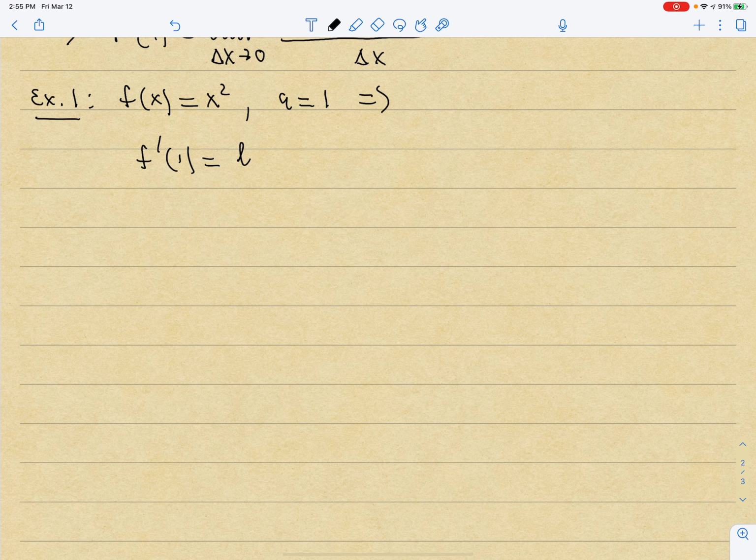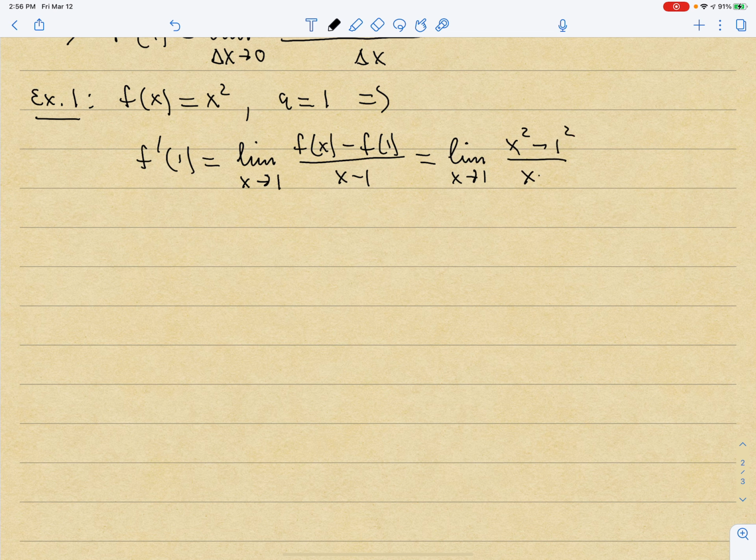So what is that? That's a limit as x goes to 1, right, of f of x minus f of 1 over x minus 1, which is a limit as x goes to 1. What's f of x? f of x is x squared. And what is f of 1? It's 1 squared, divided by x minus 1.